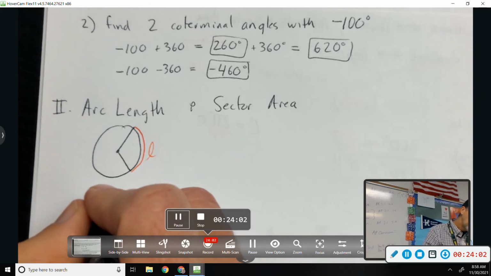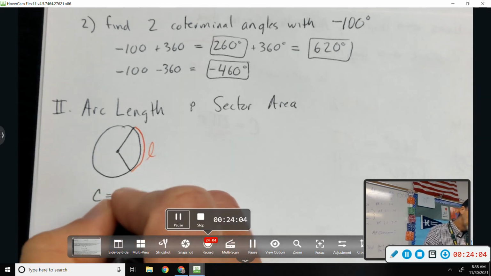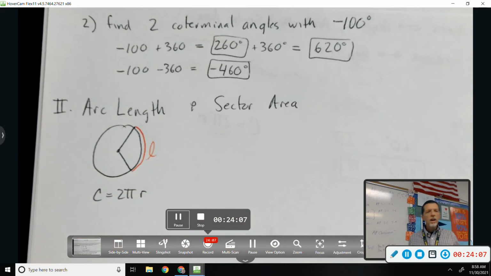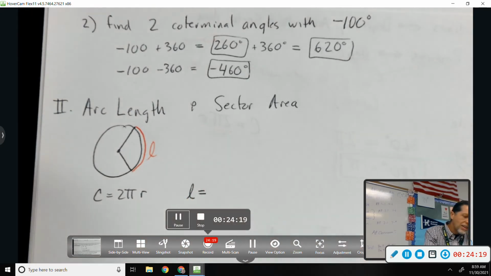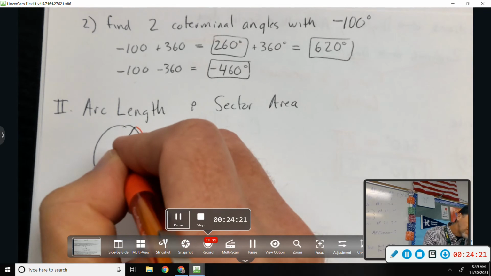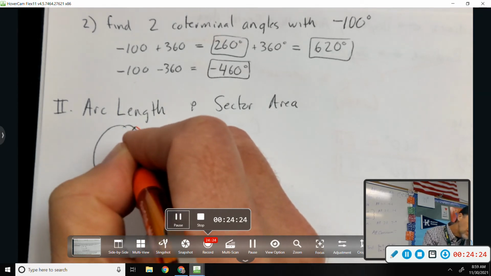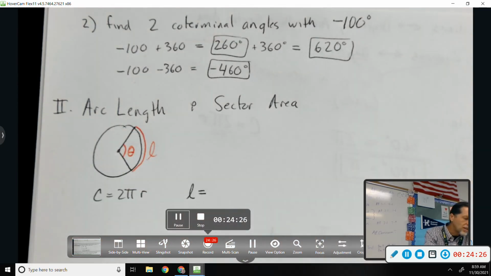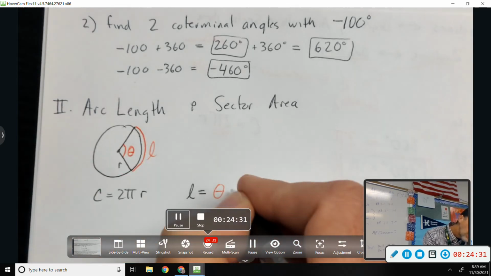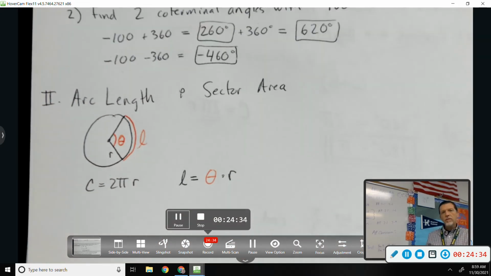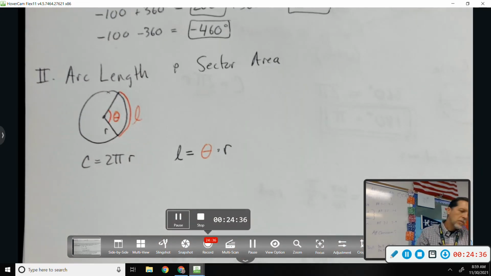Let's see, we already said that circumference is 2 pi r. And 2 pi is all the way around. So maybe it makes sense that arc length is whatever that angle is times the radius.